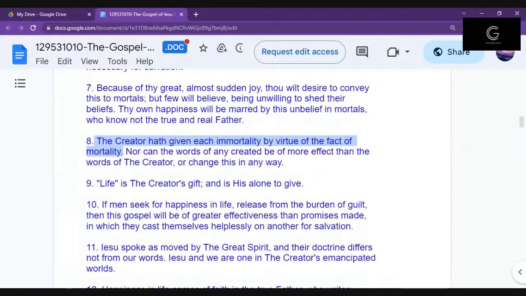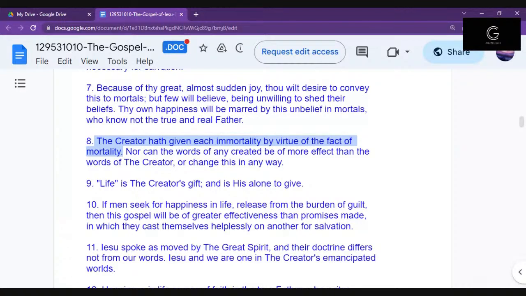Nor can the words of any created be of more effect than the words of the Creator. Ooh, or change this in any way. Huh? All is in subject. All it said, the all is, was, and never shall be. Huh?